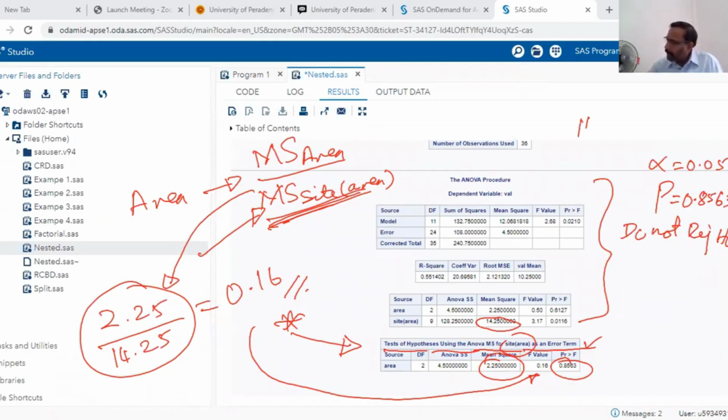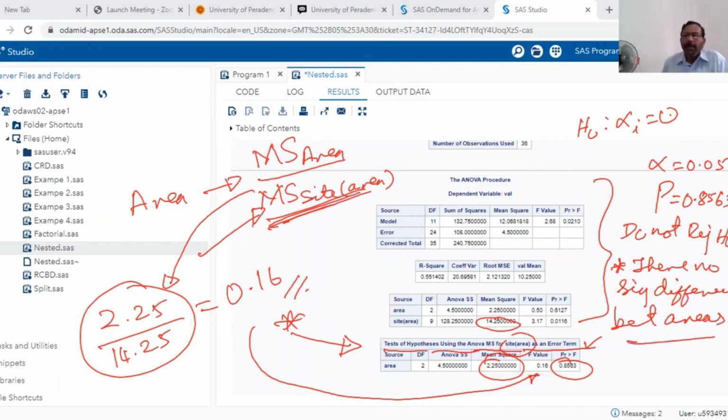What is my null hypothesis here? Alpha i equals 0. That means no difference among the areas. So ultimately, my result is there's no significant difference between areas.